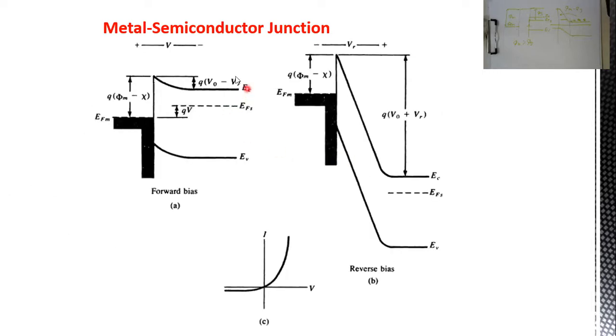So we apply a voltage, and this voltage decreases the barrier. And whenever we have V forward greater than V naught, then this barrier will turn to a drift, and you will have characteristics similar to the p-n junction.